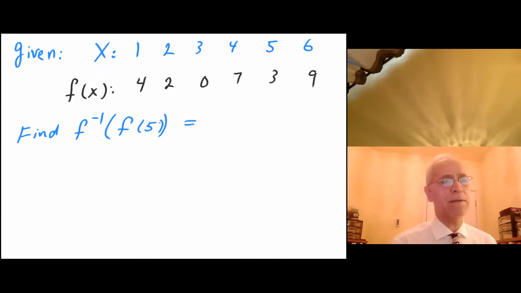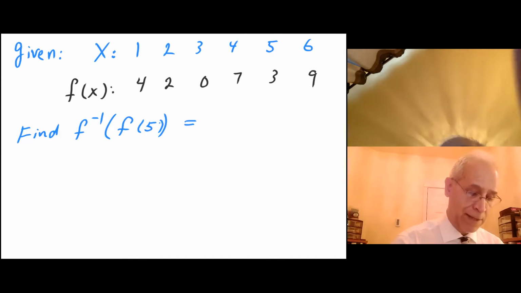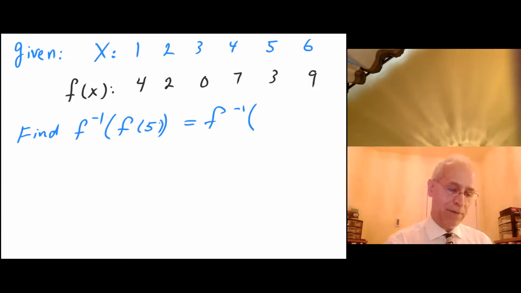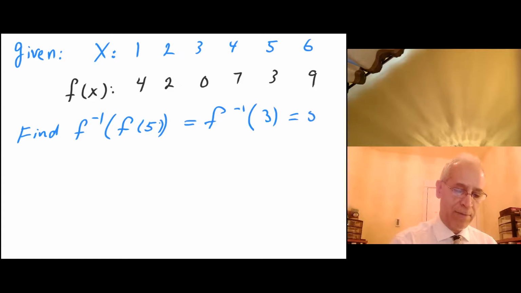To me, this is a little bit clearer. It's easier to see what the author wants, because inside the parentheses it says f of 5. So f inverse of, what is f of 5? f of 5 is 3. And the inverse of that is going to be 5.